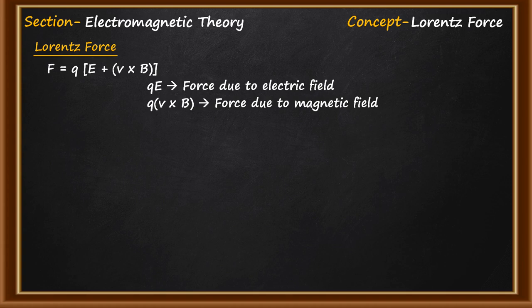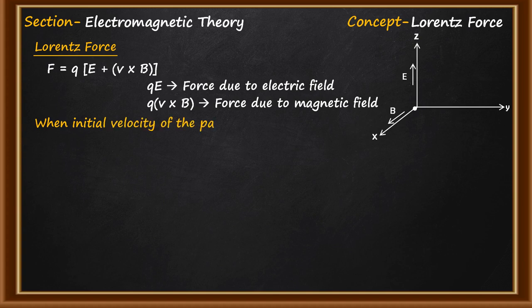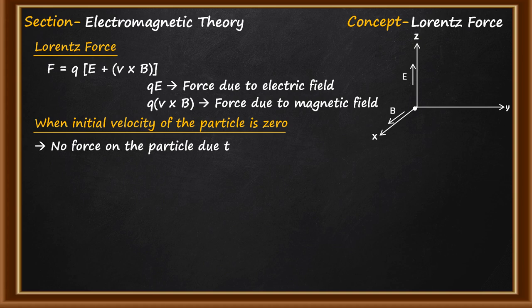Now in the given case, we have a positively charged particle placed at the origin with electric field along z direction and magnetic field along x direction, that is positive z direction and positive x direction. Now it is given that the initial velocity of the particle is 0. So what will happen when the initial velocity of the particle is 0? That means there will be no magnetic force on the particle.